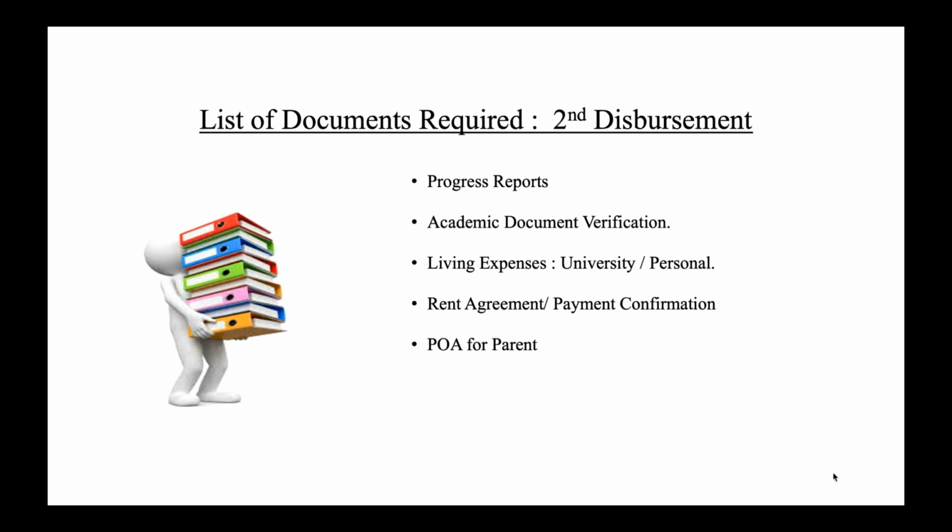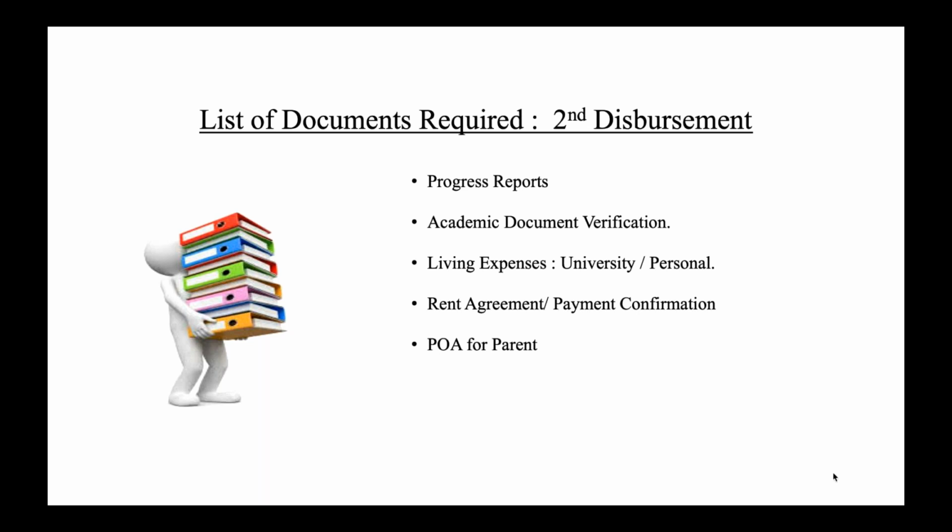Another thing which you require is the power of attorney from the parent. What happens is the banks at the time of disbursal will take a power of attorney, which means the parents can write a request letter on behalf of the student. Now, generally, banks are accepting an email coming in from the student stating his request for second disbursement.